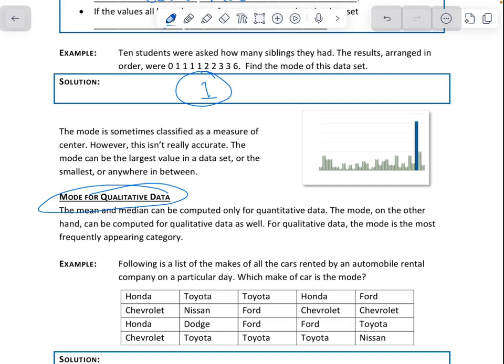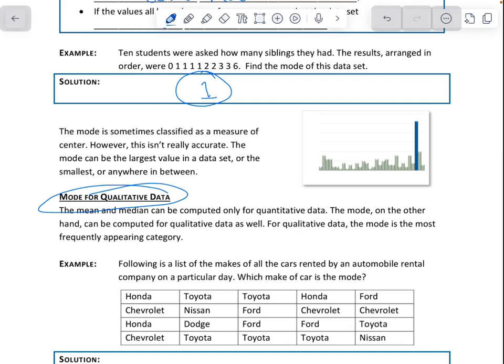For example, what if we had a list of all of the makes of cars rented by an automobile rental company on a particular day? What make of car is the mode? Wouldn't they want to know that? So they have that make of car handy if that's the one that's the most rented. So they would go through and we would count.